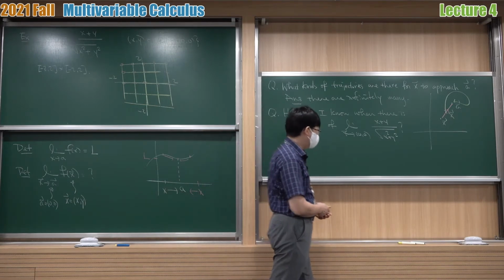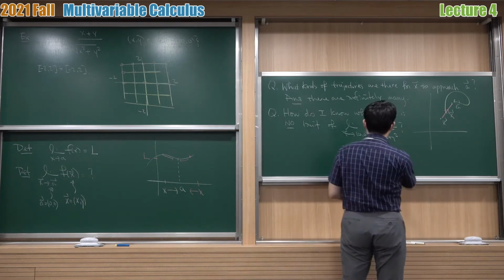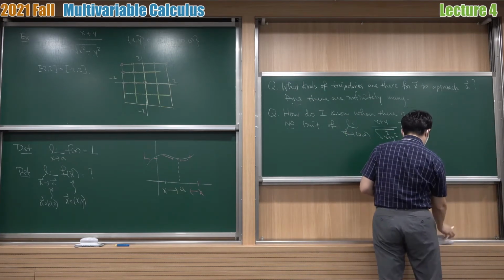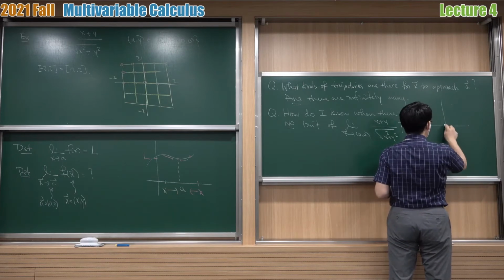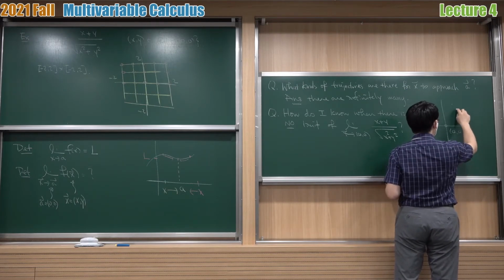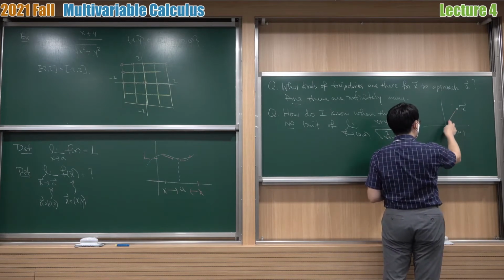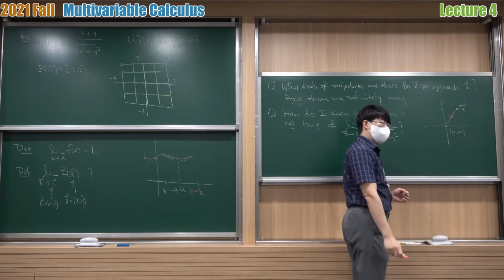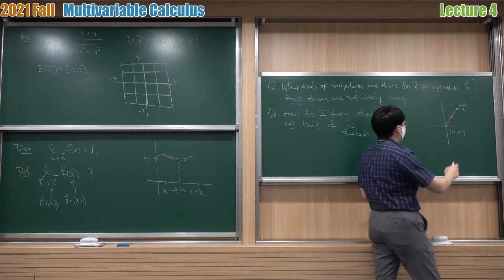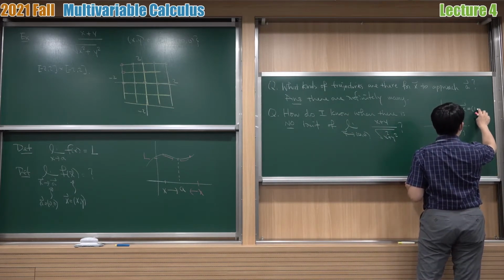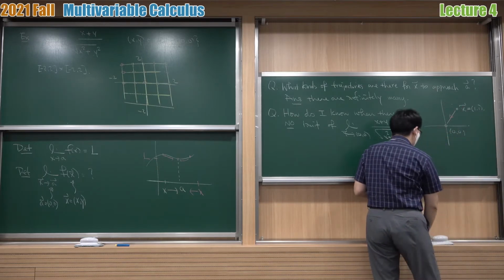So let's try to think about an easy one. We are talking about 0, 0. So my a is the origin, and I'm approaching this origin from any random point. Let's try to approach along this straight line, and my random point is, for example, 1, 1.